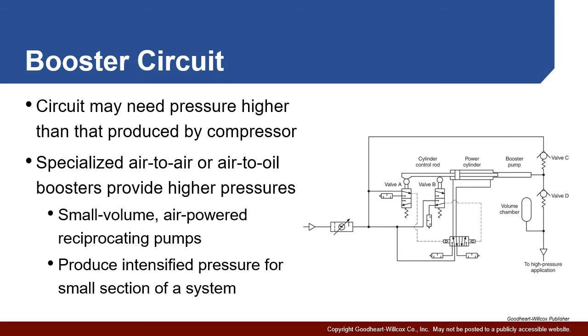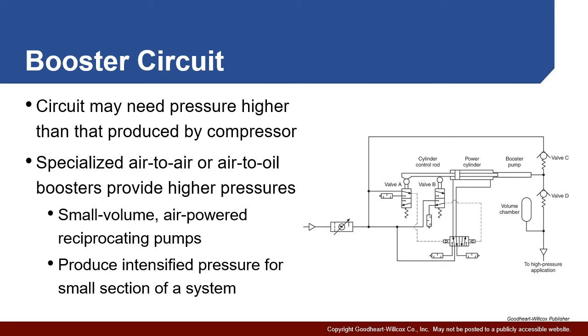Now let's take a look at a few circuits that are designed to do a specific function. For example, this is what's known as a booster circuit. This is when we have a situation where we need high pressure for some limited aspect of our workstation function.